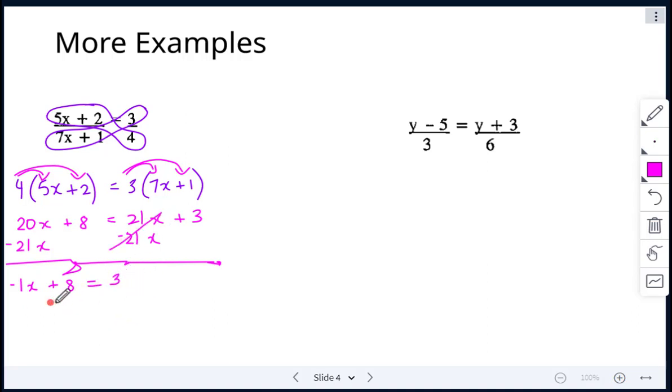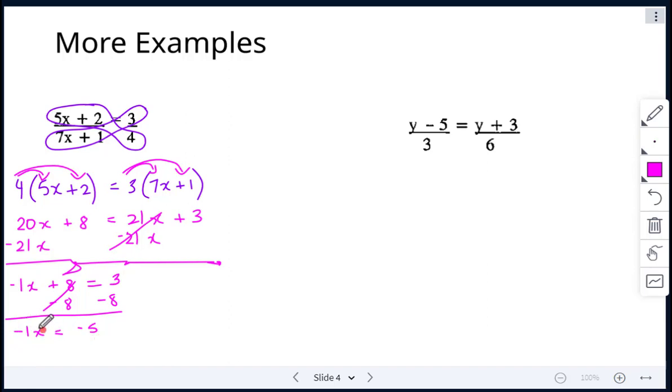So next we're going to subtract 8, subtract 8. So here we have then negative 1x is equal to 3 minus 8, which is negative 5. All right, so it is negative 1x is equal to negative 5.